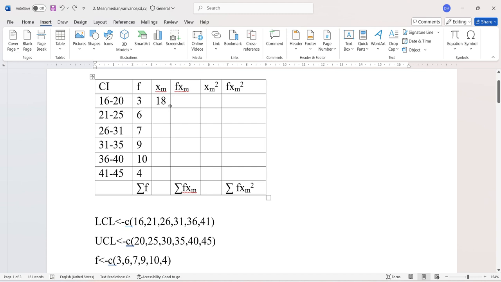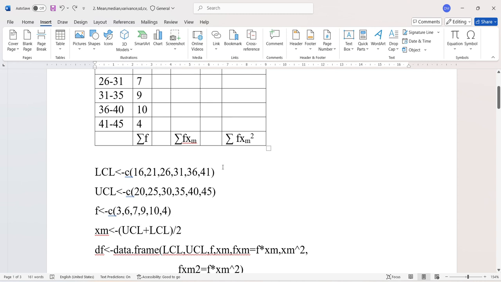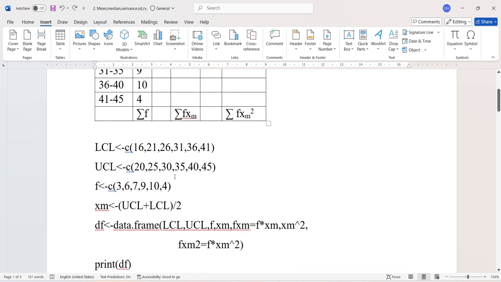So 16 plus 20 by 2 is 18. Like that we get the XM values. F into XM, 18 into 3, gives you FXM. Similarly, xm square and fxm square, and then sigma fxm square. So this is the data frame you have now. We are going to construct such a data frame in our R language. So LCL is c of this, frequencies I have given, XM I have given.